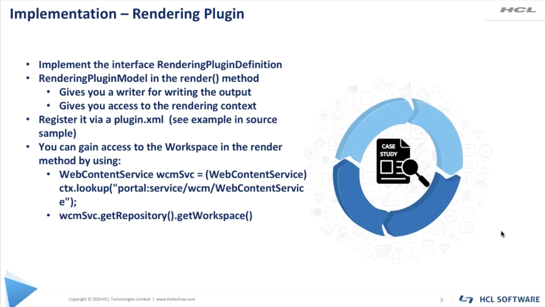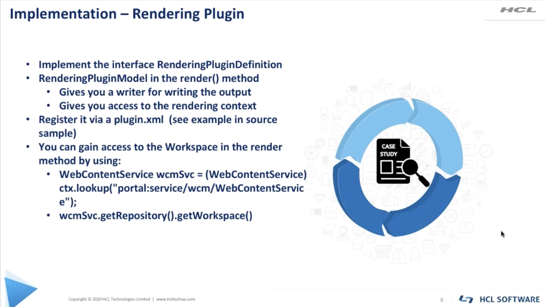We need to make sure that we are implementing the render method, which takes in the rendering plugin model as an object. This model object will help you read the parameters and property values which are on the WCM component, under the plugin tag, and we can read those values and dynamically decide which video we need to play.